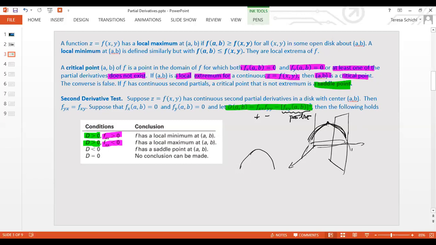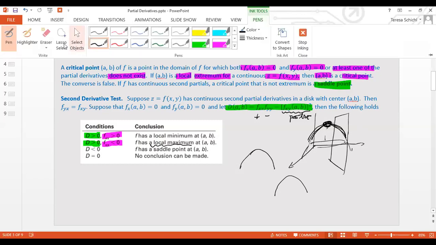So that's why here you're going to have maximum values. That's what this means here, the local max. That's why f_xx and f_yy have to go in the same direction. If you cut a cross section for y, it also has to be concave down, and that means the point here will be the local max.